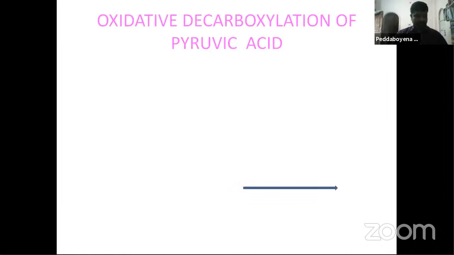In 4 steps: the first one is glycolysis, the second one is the oxidative decarboxylation of pyruvic acid, the third one is the Krebs cycle, and the fourth one is the electron transport system.